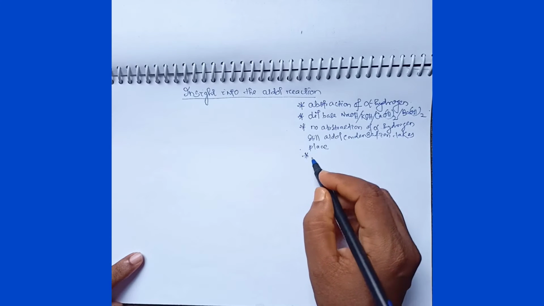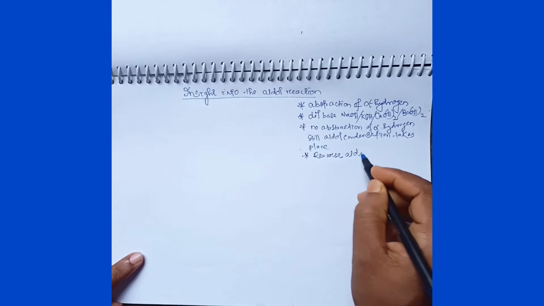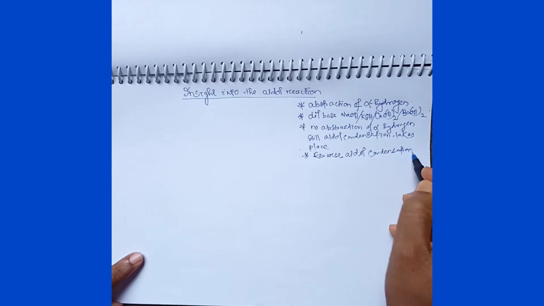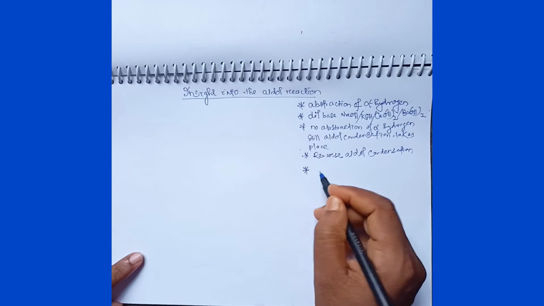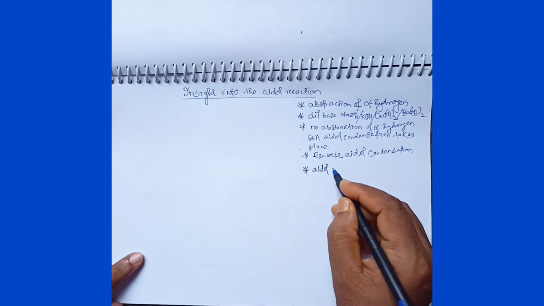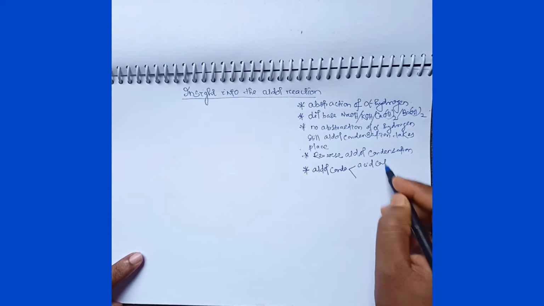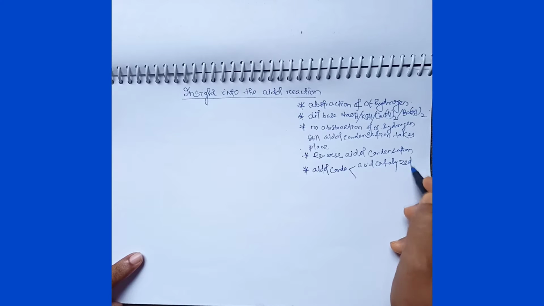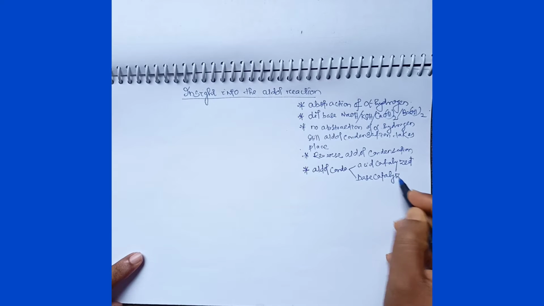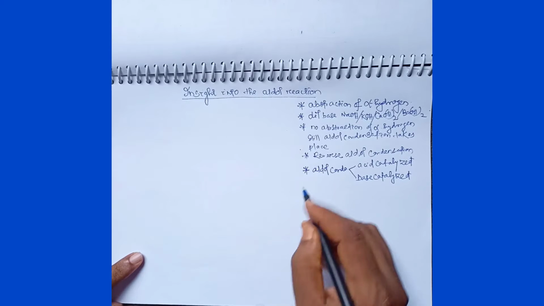Then we will discuss the reverse aldol condensation. At the end part, we will discuss two types of aldol condensation: one is acid catalyzed, the other is base catalyzed.